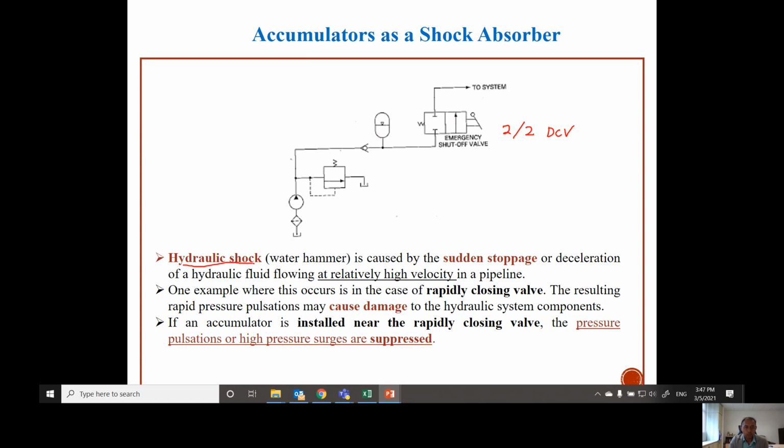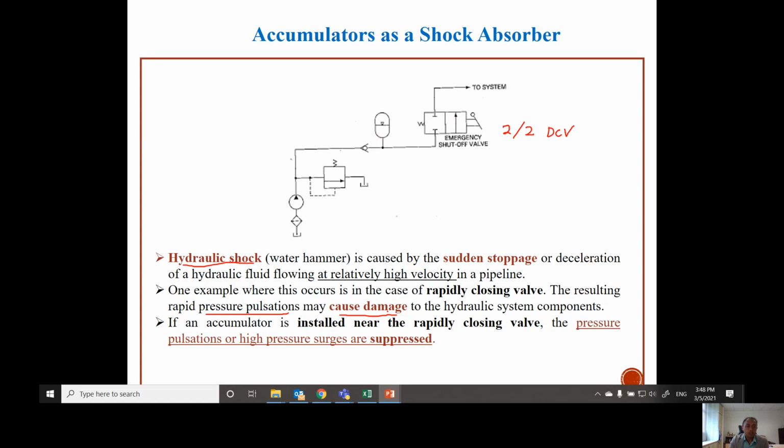This is not good because it can cause damage to the hydraulic system, because when you rapidly close the valve while the flow is at high velocity, the resulting closing will cause pressure pulsations. And this pressure pulsation will cause damage to your components.